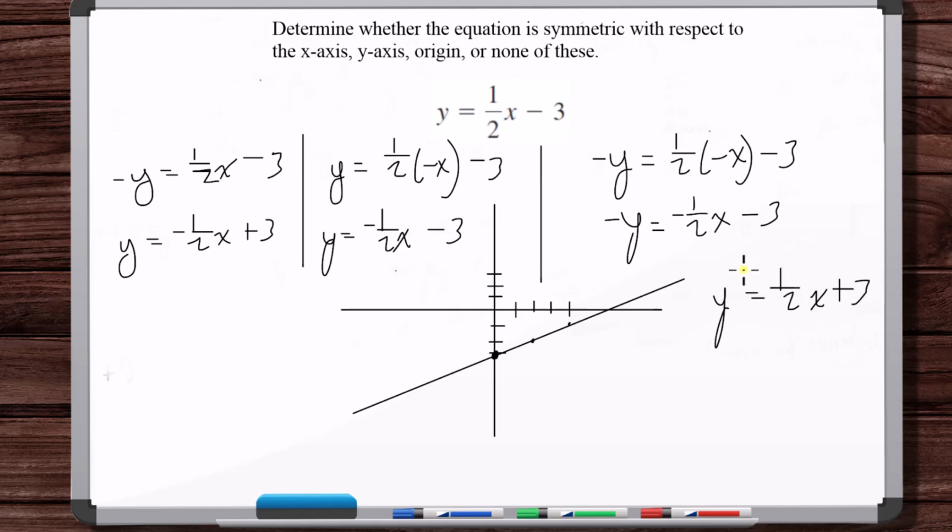Close, but no, because it's plus 3, not minus 3. But let's say we had just y is equal to x. That's a 45-degree line going through the origin. If you replace y with minus y and x with minus x, you get, see? So symmetry about the origin.